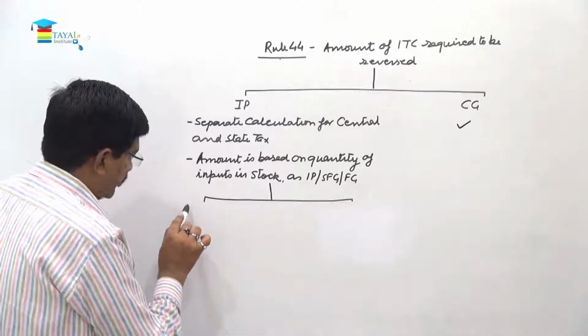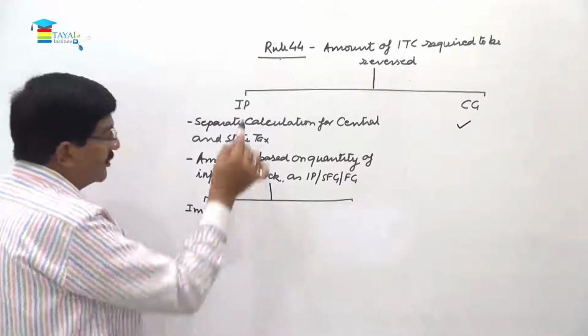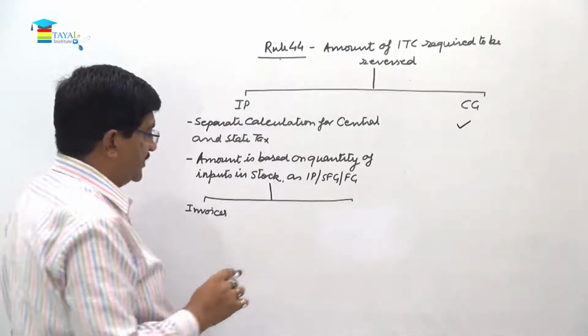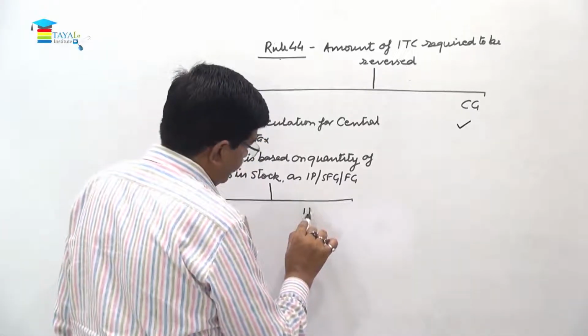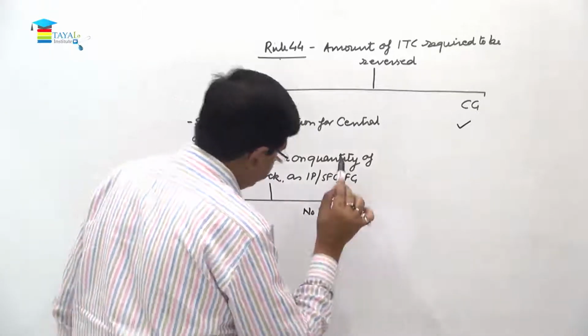If you have invoices, corresponding invoices on the basis of which credit was taken, and if there are no invoices, then how much amount is to be reversed.